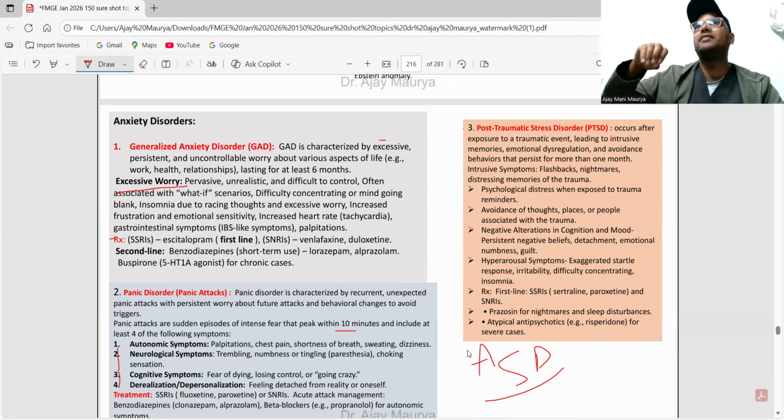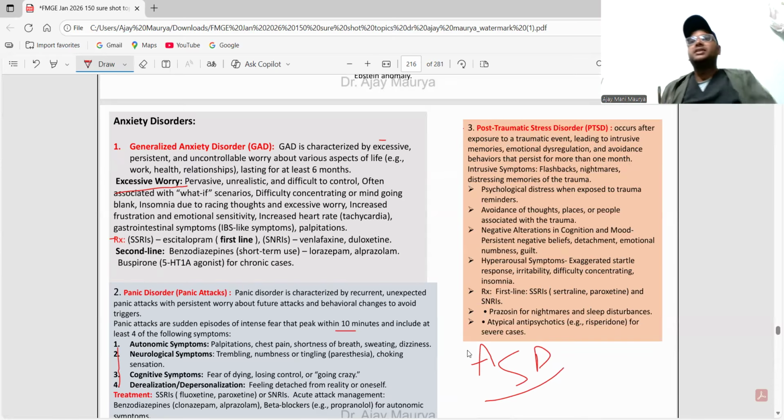They will tell the same story, but where is the difference? In the ASD, the symptoms will present with less than 1 month. In the PTSD, symptoms present with more than 1 month. More than 1 month is PTSD. Less than 1 month is the acute stress disorder.